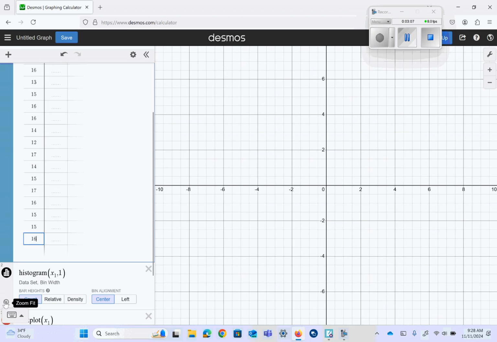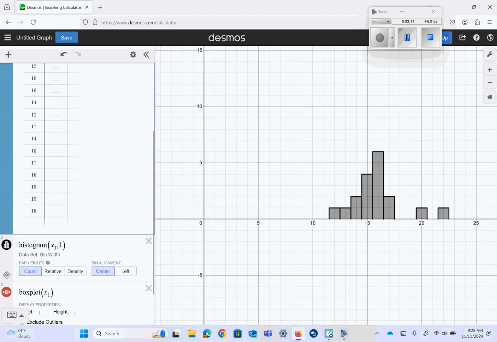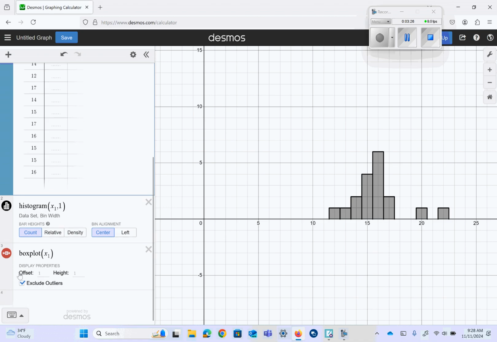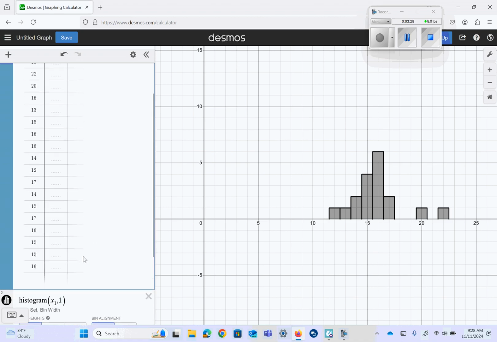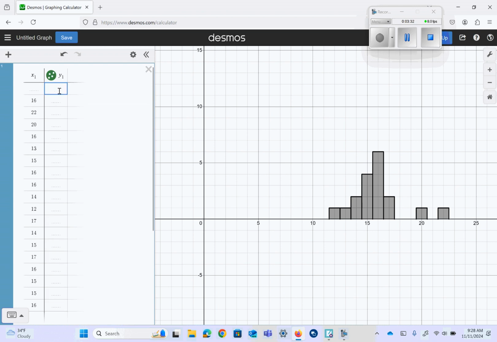So take a look at our histogram. There's our histogram. It appears that it's kind of skew right, but it also appears it could be kind of a normal distribution. So let's see where our box plot will fit with this.